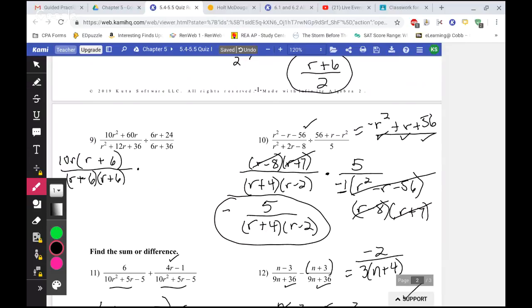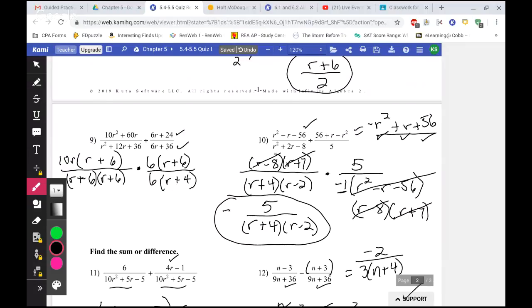I'm going to change this to multiplication. And I'm going to factor the denominator while I'm rewriting. I can take a 6 out, and that's going to leave me r plus 6. And I'm going to factor my numerator, which is now my denominator, and that's going to leave me r plus 4.